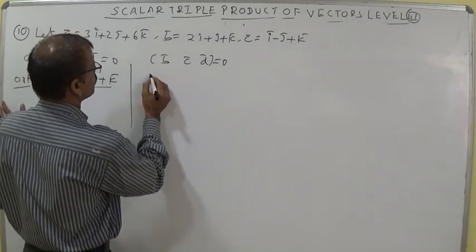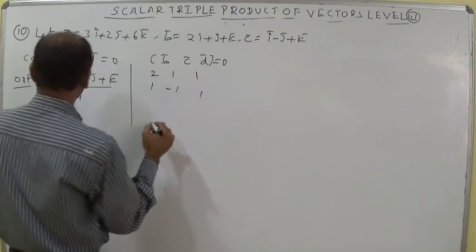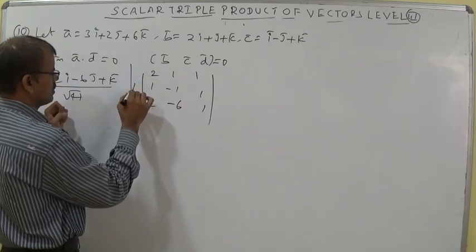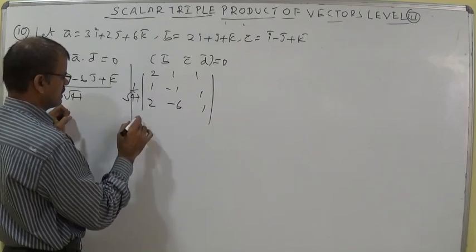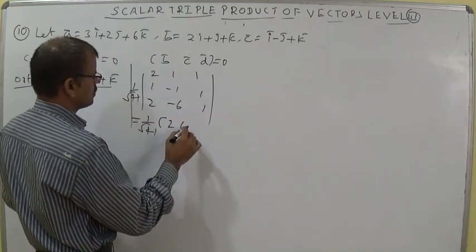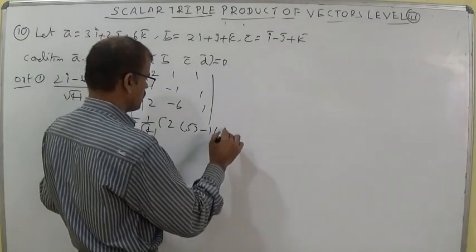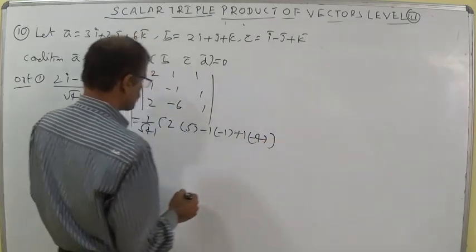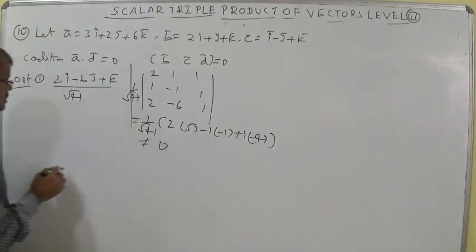Condition of coplanarity: the determinant of 2, 1, 1; 1, minus 1, 1; 2, minus 6, 1, with 1 by root 41 taken common. Calculating the determinant: 2 into minus 1 plus 6, 5; minus 1 into 1 minus 2, minus 1; plus 1 into minus 6 plus 2, minus 4. 10 plus 1, this is not equal to 0. First option is not correct.